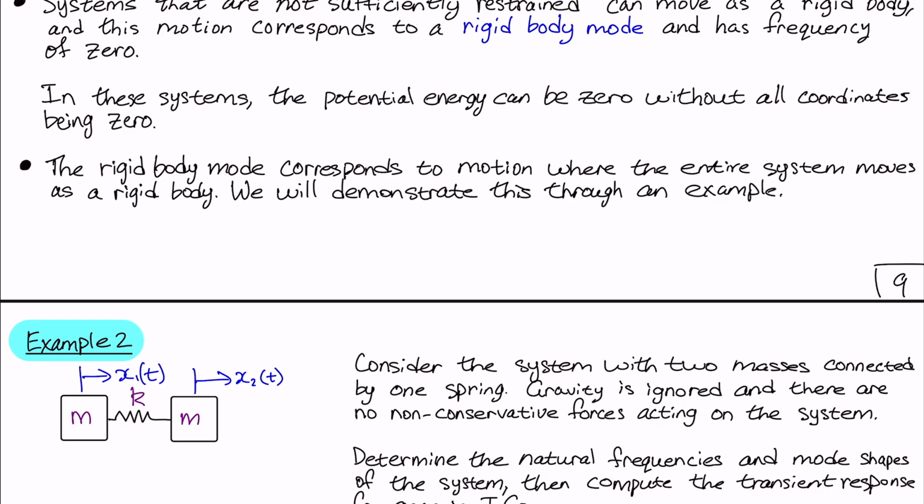We're ignoring gravity, and we're ignoring any kind of non-conservative force, so no damping, no friction, nothing like that at this time. No external forces either, and we're going to determine the natural frequencies and the mode shapes of this system, and then we're going to compute the transient response for a generic set of initial conditions for this system.